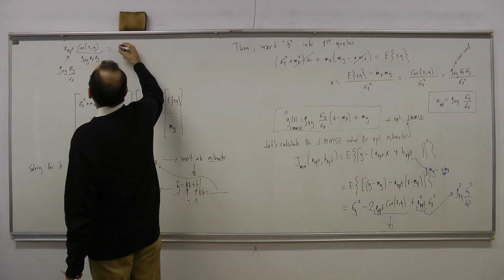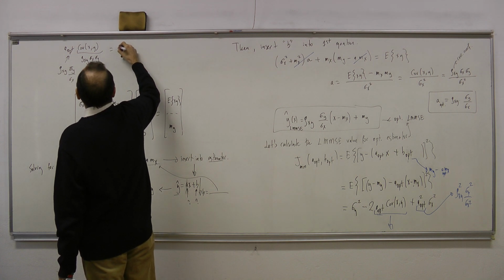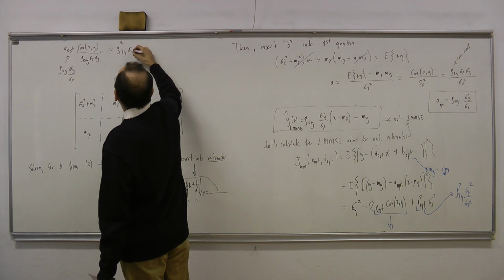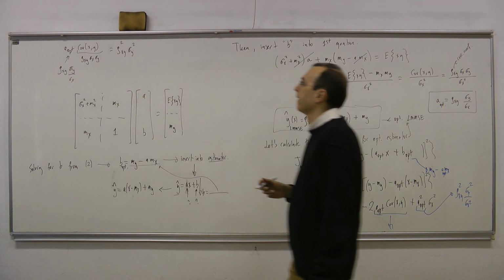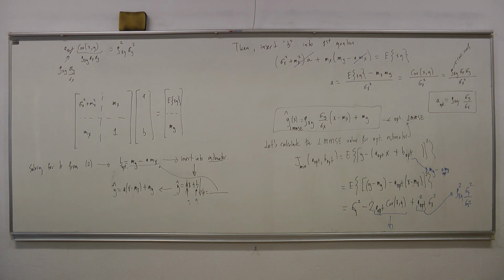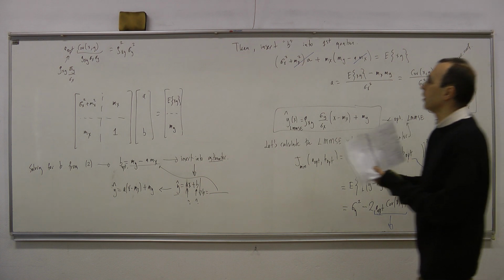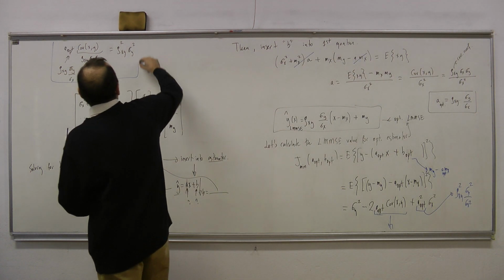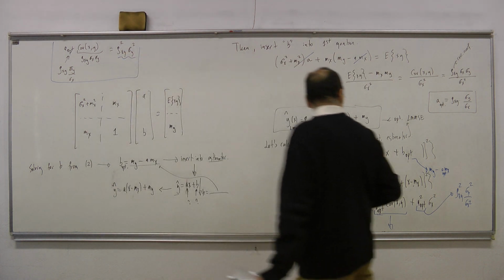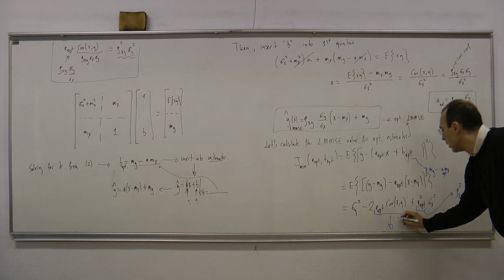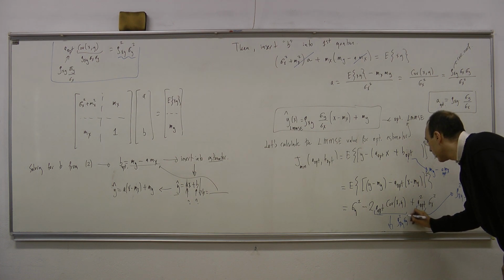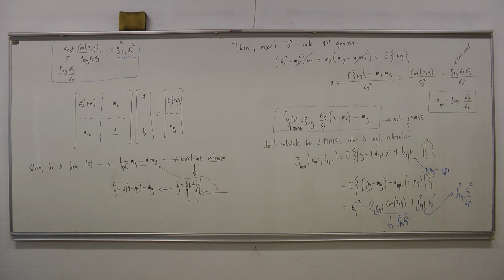So if I take this product, this is equal to rho_xy square sigma_y square. I see the following: this part is equal to this part, rho_xy square sigma_y square.